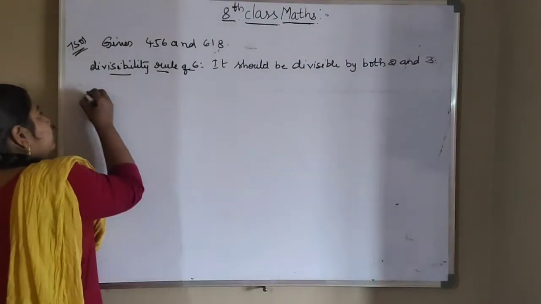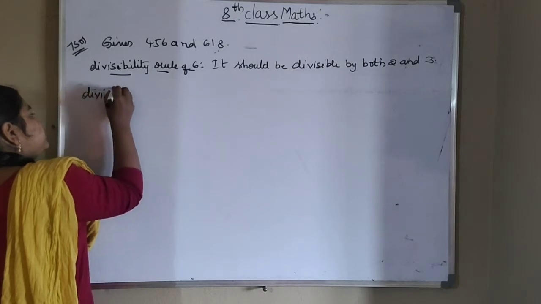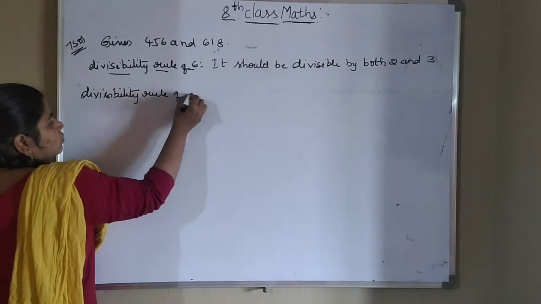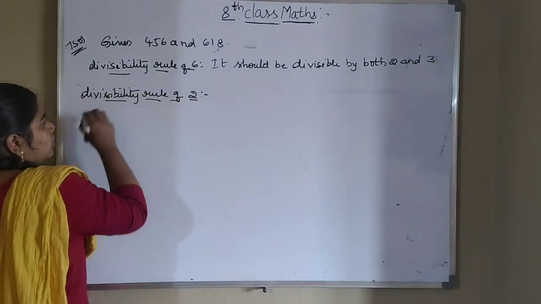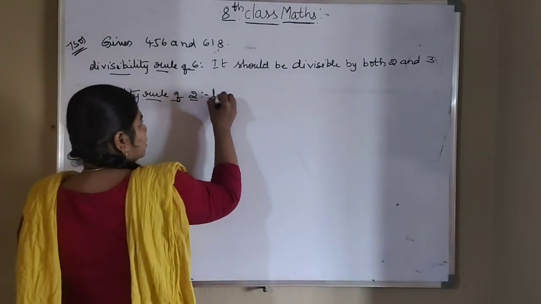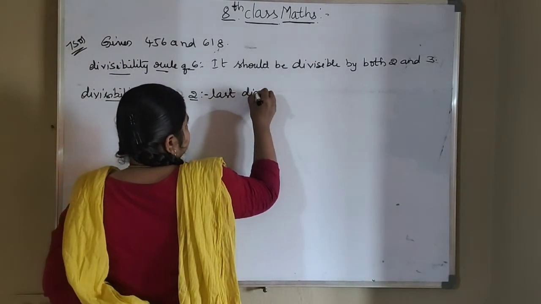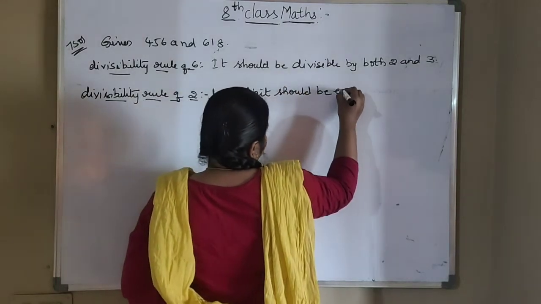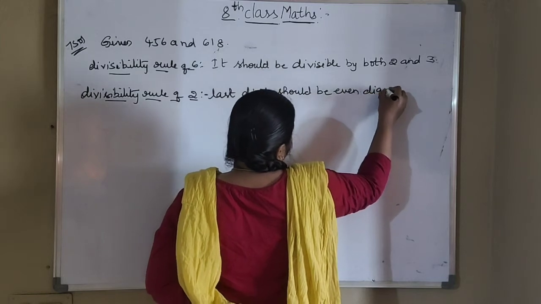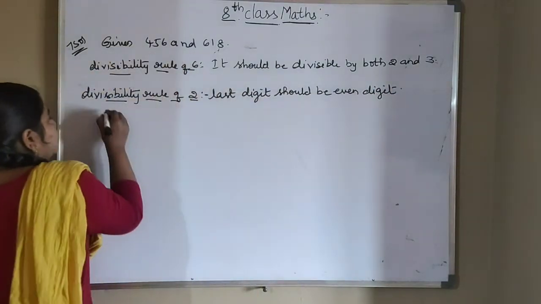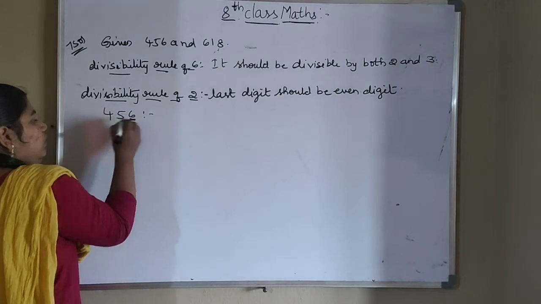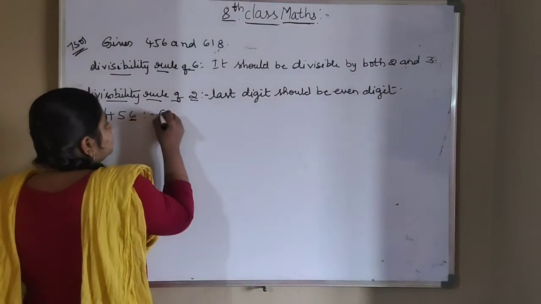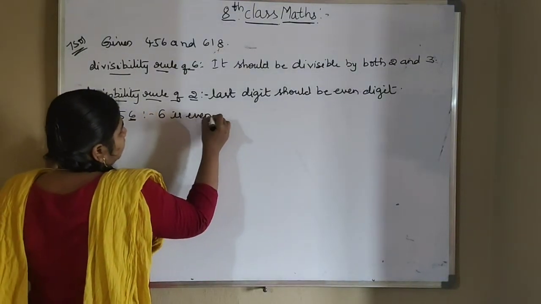So first I am doing the divisibility rule of 2. What is the divisibility rule of 2? The last digit should be an even number. First 456. What is the last digit? 6. 6 is an even digit.